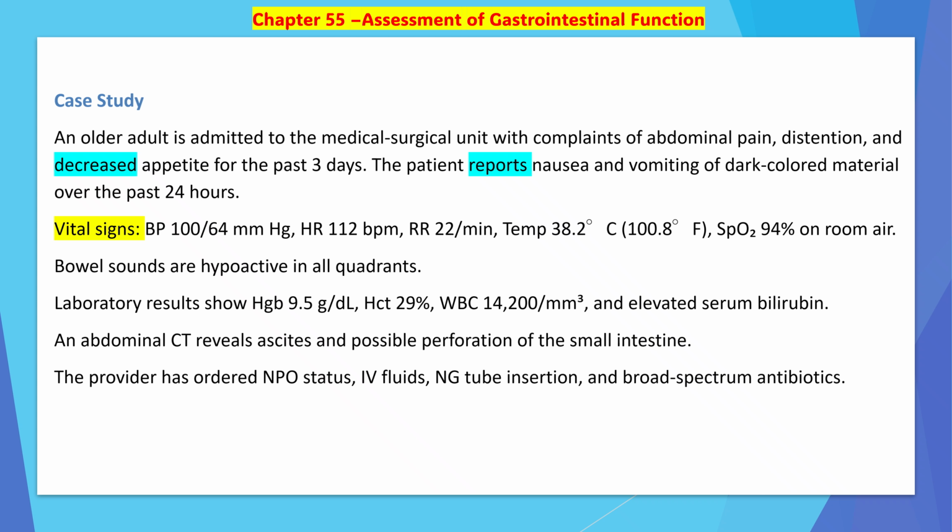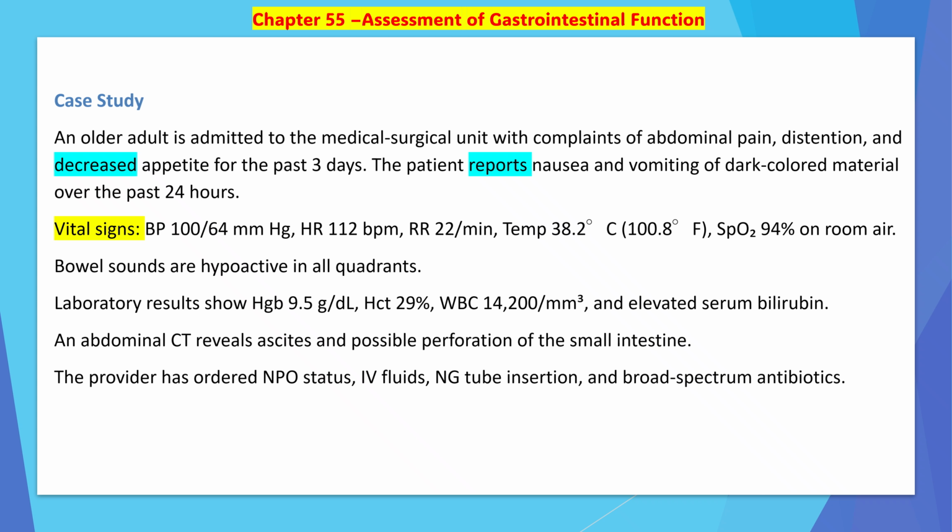Vital signs: blood pressure 100/64, heart rate 112 beats per minute, respiratory rate 22 per minute, temperature 38.2 Celsius, 100.8 Fahrenheit. Oxygen saturation 94% on room air. Bowel sounds are hypoactive in all quadrants.